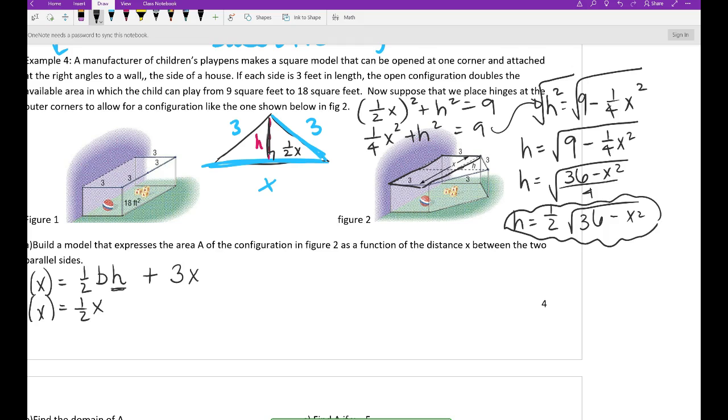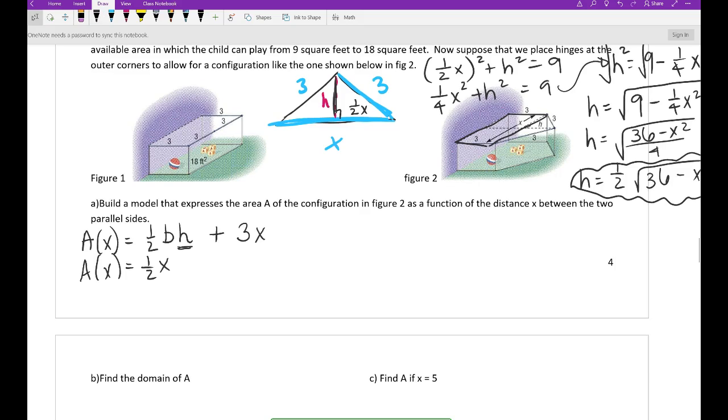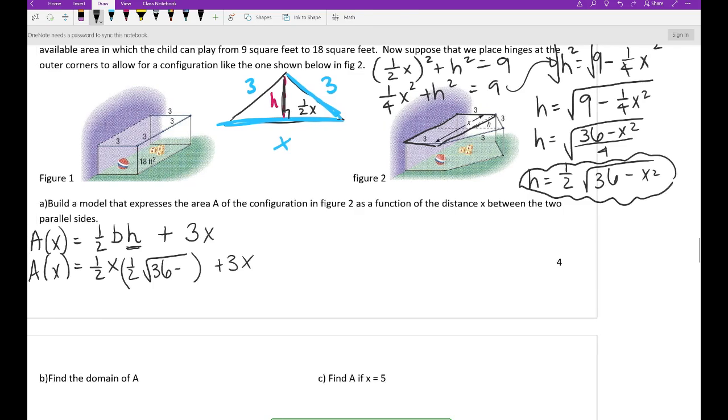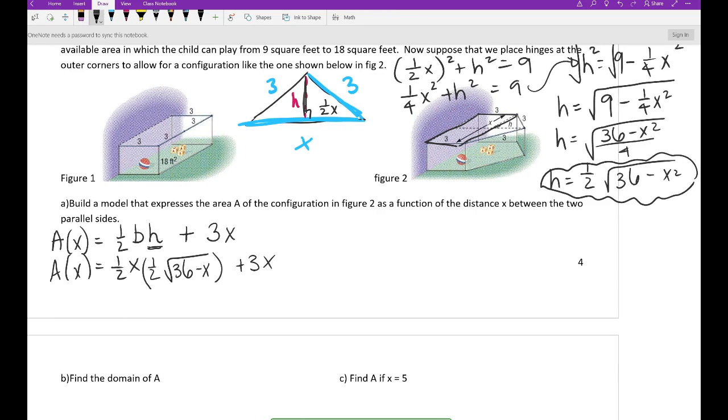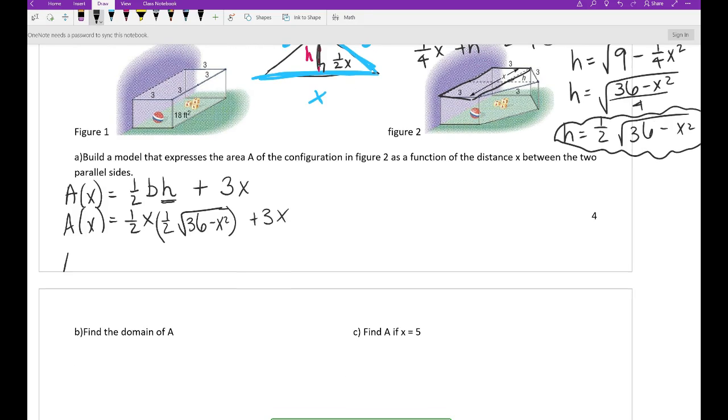All right. Now I'm going to use that to do what? Yeah, it goes right there. It's 1/2 times square root of 36 minus x squared. Can I simplify that a little bit to make it pretty?